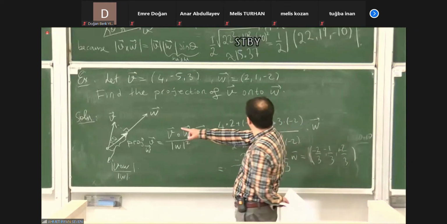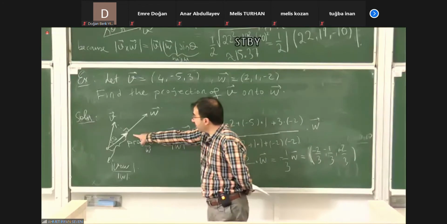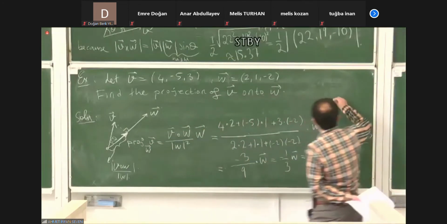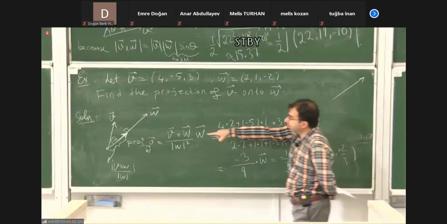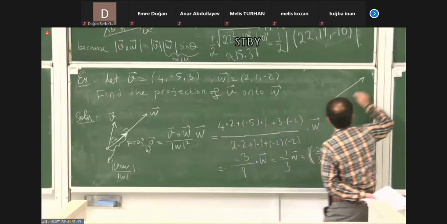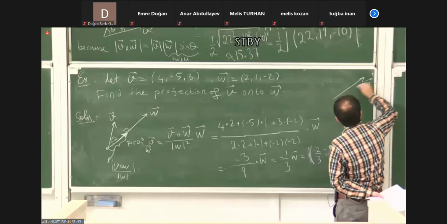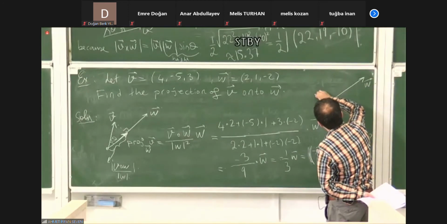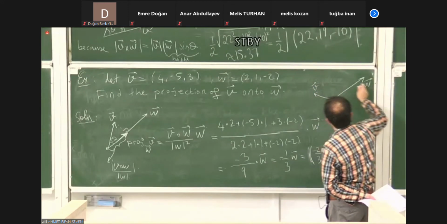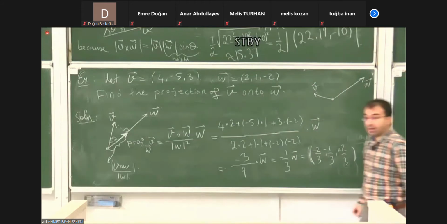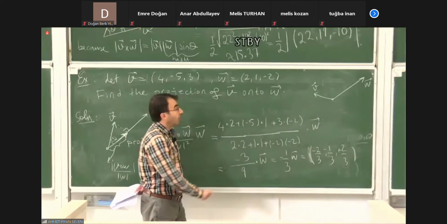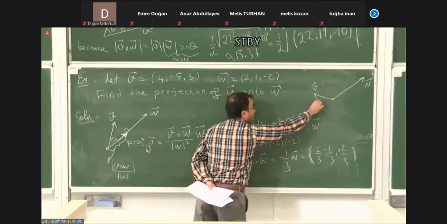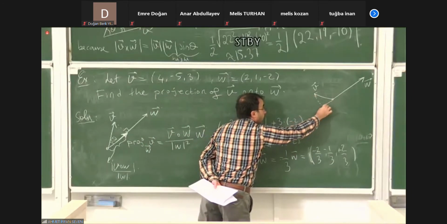How could this be possible? My picture was not completely correct. This can happen only like the following. My picture was general, but it was not exactly like that. See, W was here, V was here, and when we take its projection, we get this vector here.